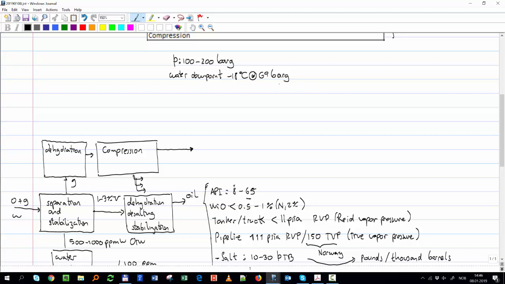But basically, no water should condense down to minus 18. And my drying process has to make sure of that, has to reduce the water content until I get no water. And that typically means a water in gas content should be less than 4 pounds per million standard cubic feet, which is very low.